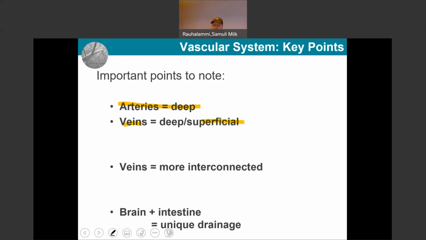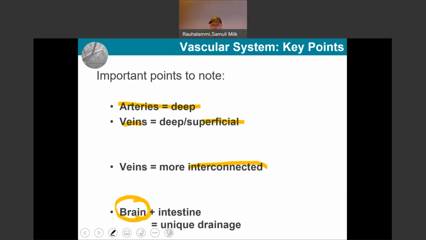Another thing: veins are much more interconnected, so there are many alternative routes for the blood to find its path. That's why studying veins is a little bit harder than studying arteries. Arteries are usually much more regular from one individual to another. With veins, there's a lot more variation. And of course, the brain needs a unique drainage of the blood.